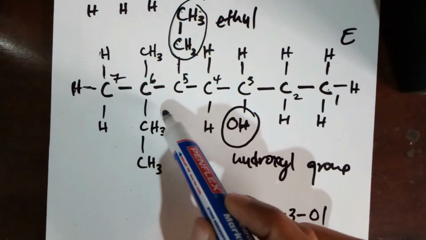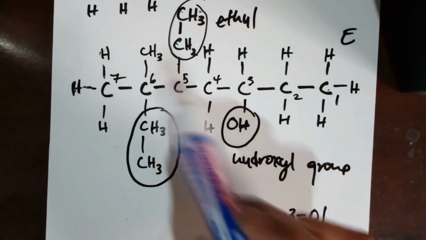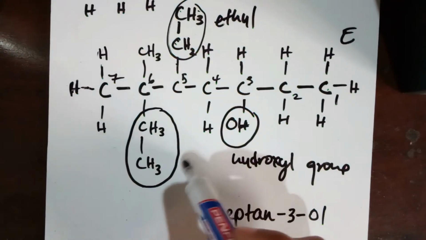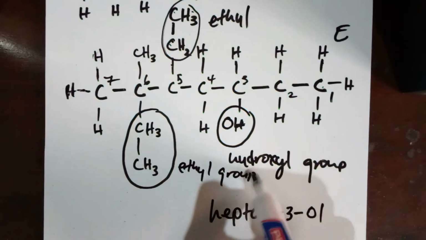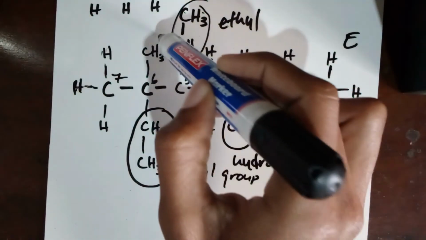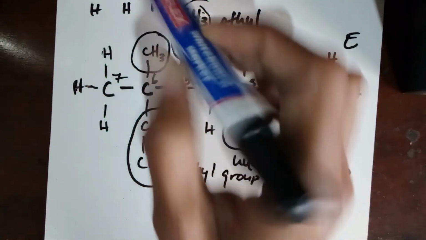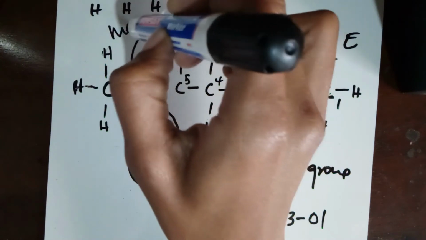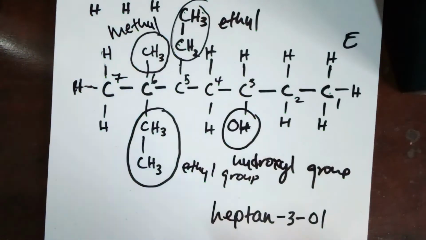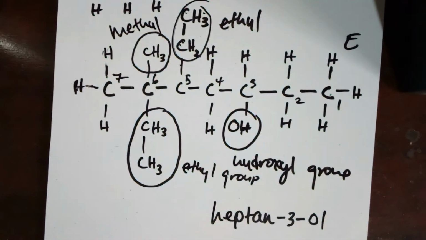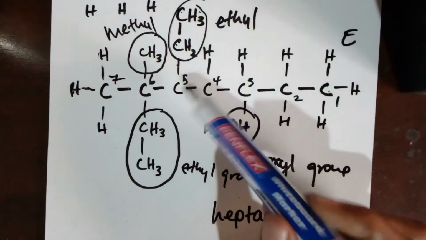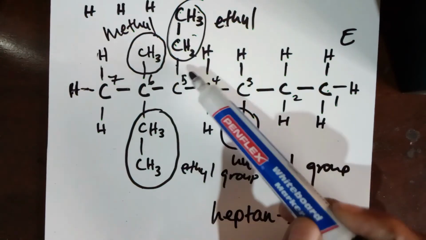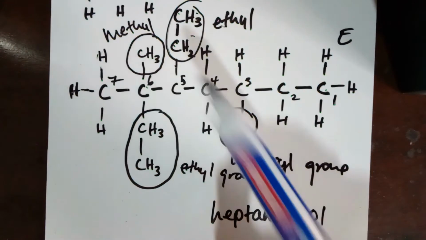We have another substituent here. So on carbon number 6, it is another ethyl group. And over here, we also have another substituent, which is a methyl group. So now we have to include them in our naming. So we say, okay, we have 2 ethyl groups on carbon number 5 as well as carbon number 6.